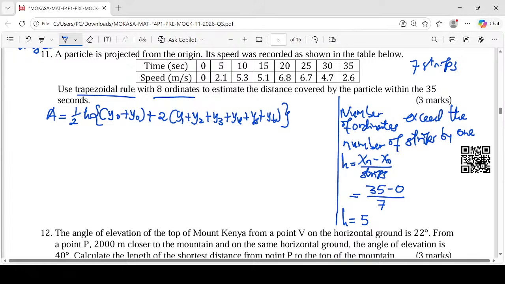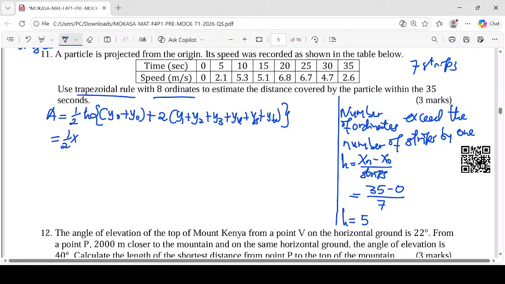After getting now the value of h is 5, we can now go and do the substitution. This will be a half multiplied by the h. Our h for this particular question we've seen as 5, and I've explained how it comes.